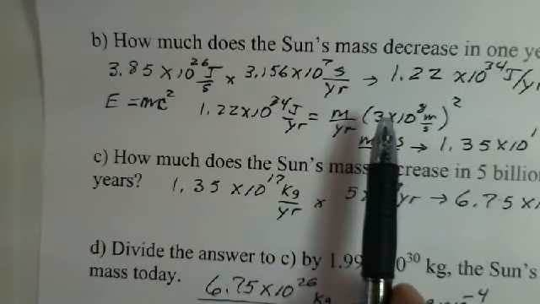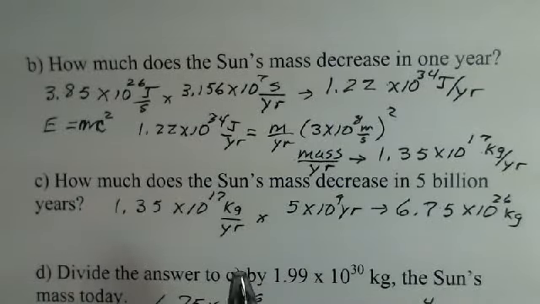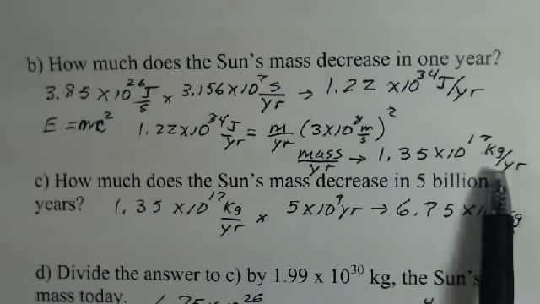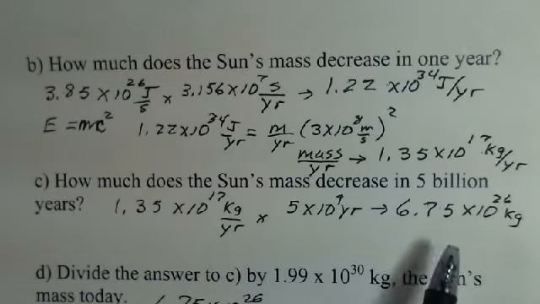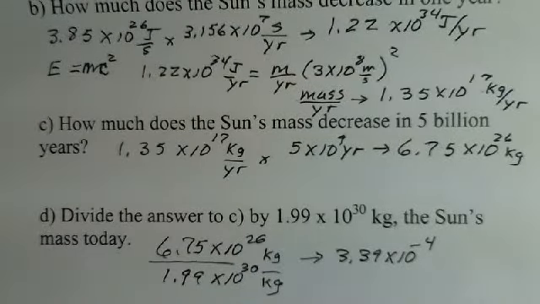How much is the sun's mass decreasing in a year? Use E equals mc squared for that. And in 5 billion years, we have the mass loss per year, so we get a value that is still a small fraction of the total mass of the sun. So ask your instructor if you have questions about this.